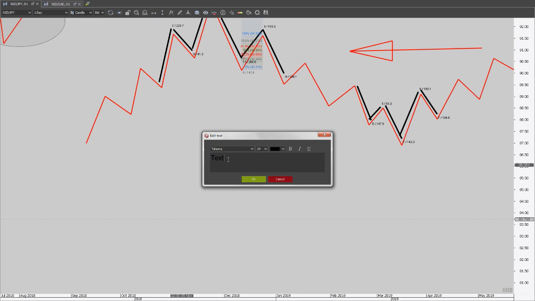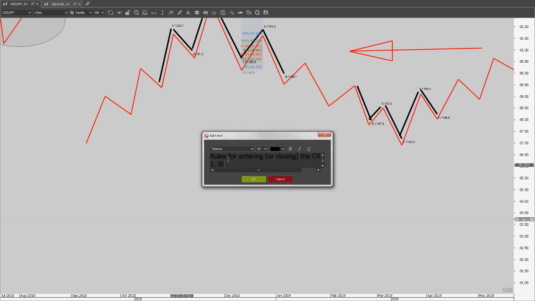Crown. Okay, crown. Rules for entering or closing the crown.